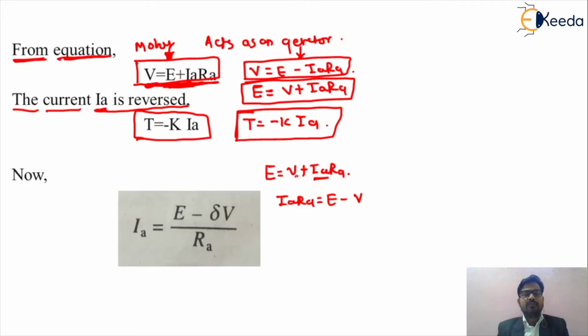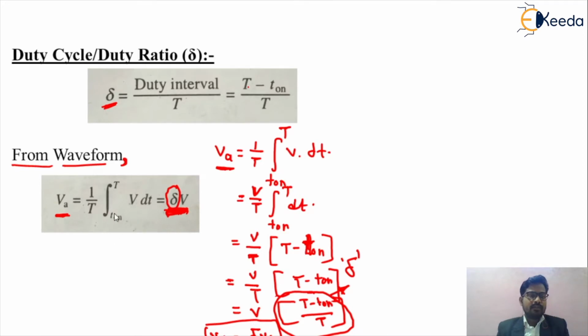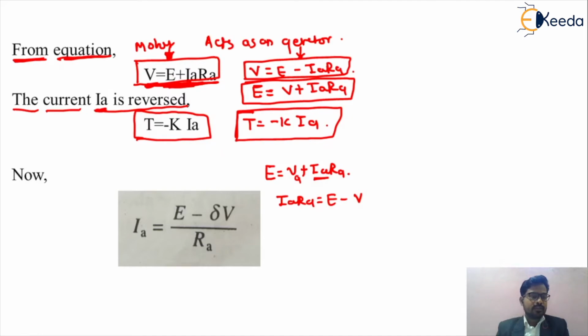This will be the value of VA actually. The value of VA is del V, that is duty ratio times V. Now we can substitute the value of VA into that equation. So we are getting E minus del V divided by this resistance.